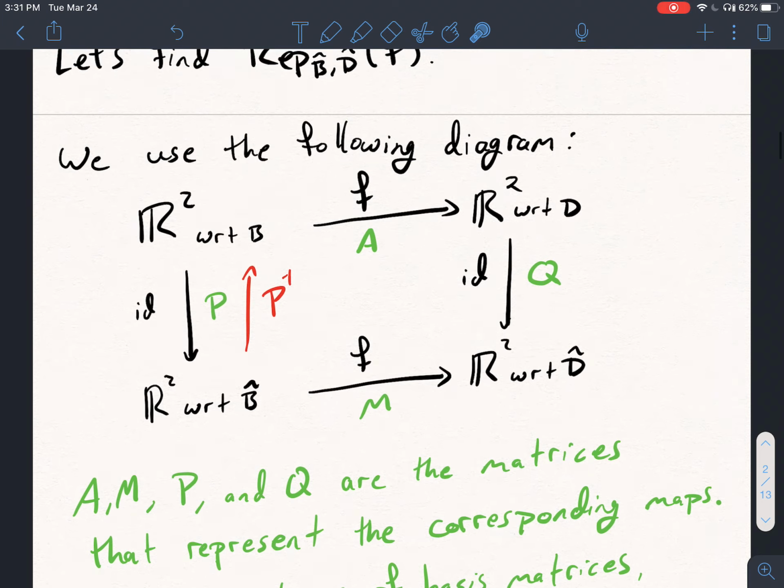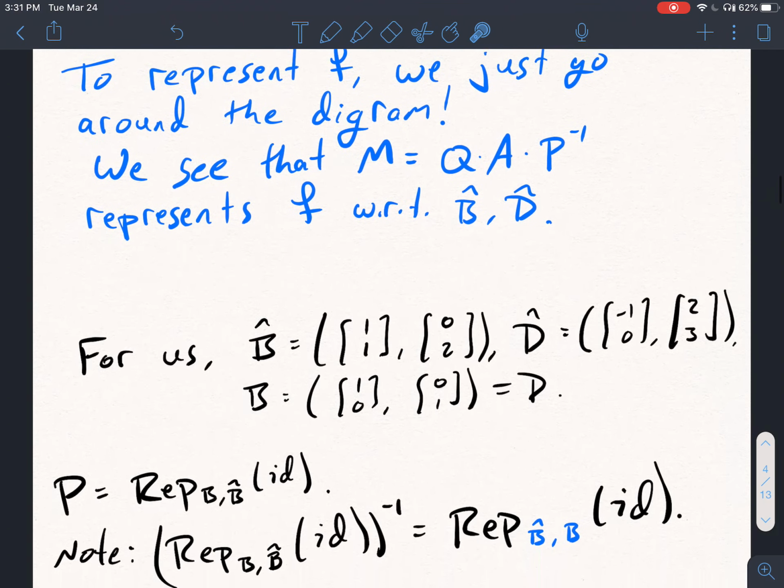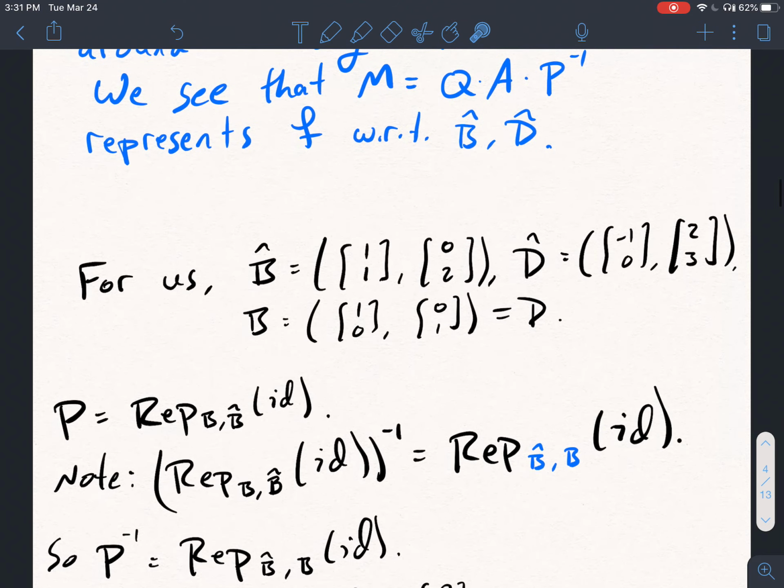So P goes from B to B hat. So we want P inverse, which goes from B hat to B. And in our case, it turns out that that's actually easier to find.